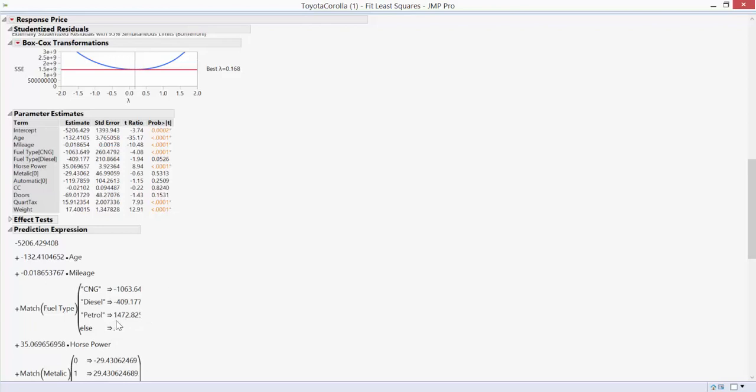Gasoline car is going to be 1,472 plus, more expensive than average, right? Diesel is going to be 409 minus. So the distance between them is going to be what? If you add these two numbers together, it is going to be $1,881, right? Correct?